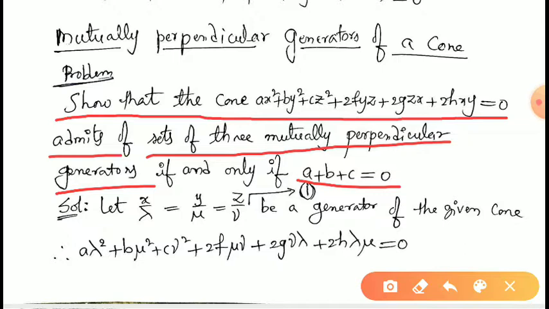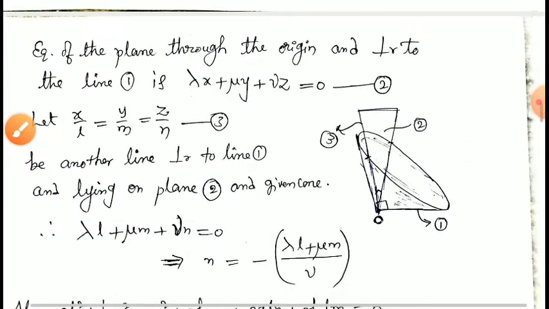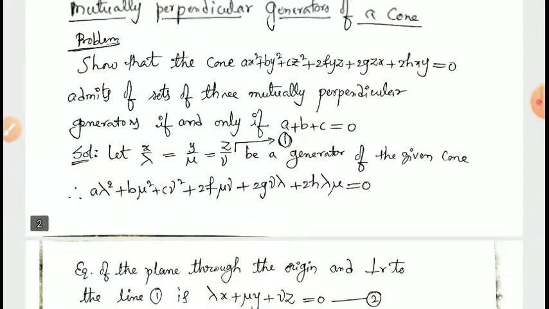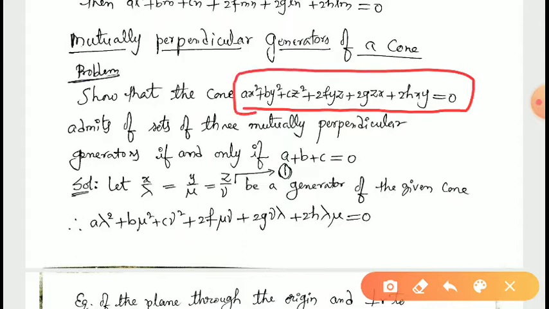We have to show that if this homogeneous equation possesses three generators which are perpendicular to each other, then we have a plus b plus c is equal to 0. So see this diagram. That means there are three generators of this cone such that out of these three any two are perpendicular.